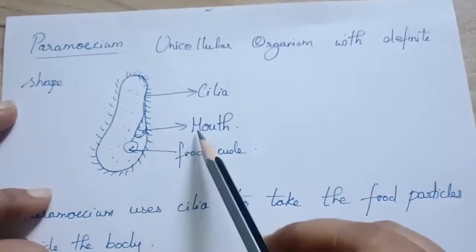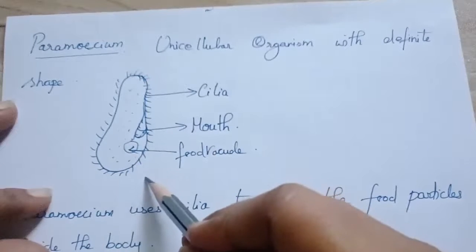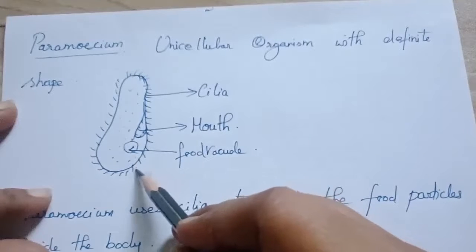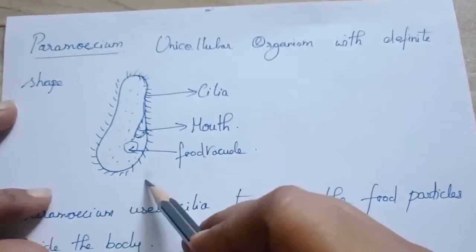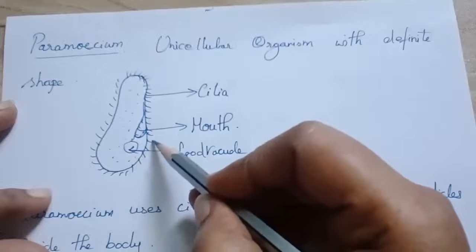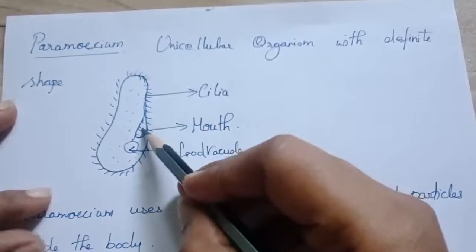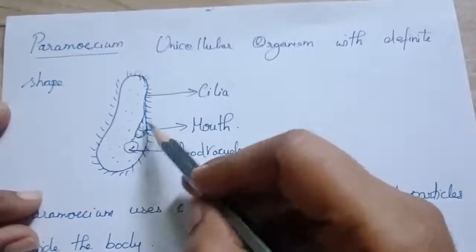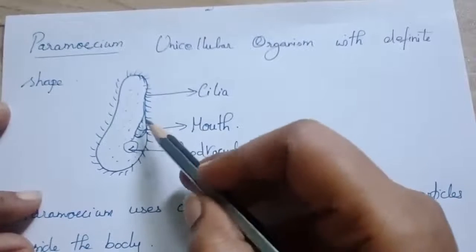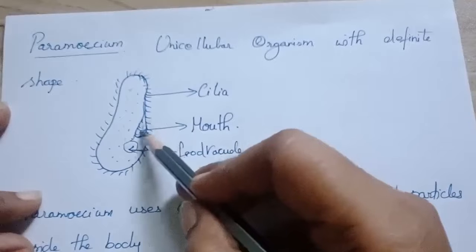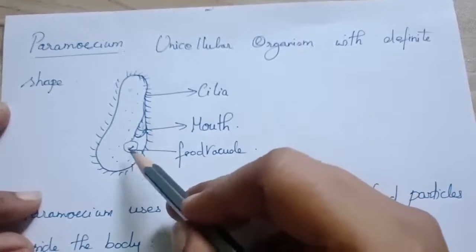If, for example, a food particle is there, it will come nearer to the food particles, and the cilia help in moving the food particle nearer to this oral part, that is your mouth part. Once the food is engulfed, it forms a food vacuole here.